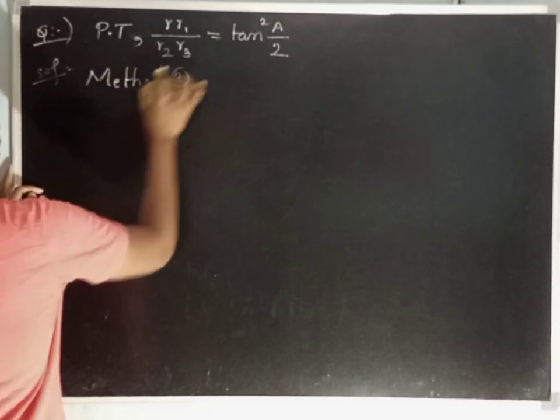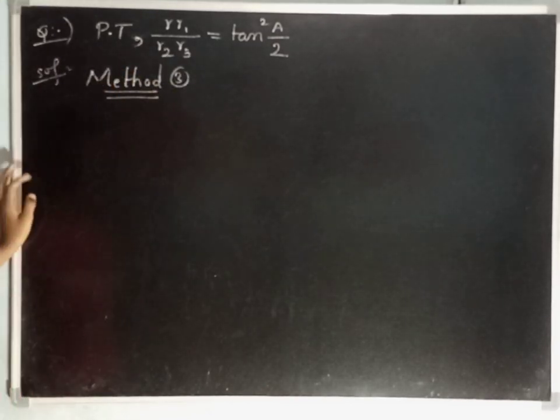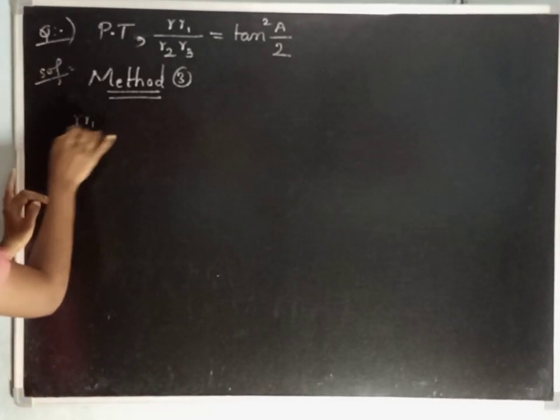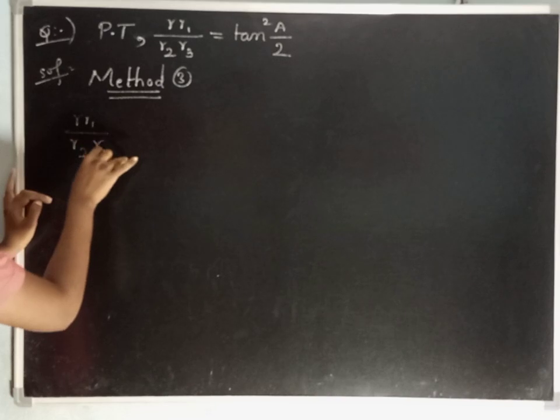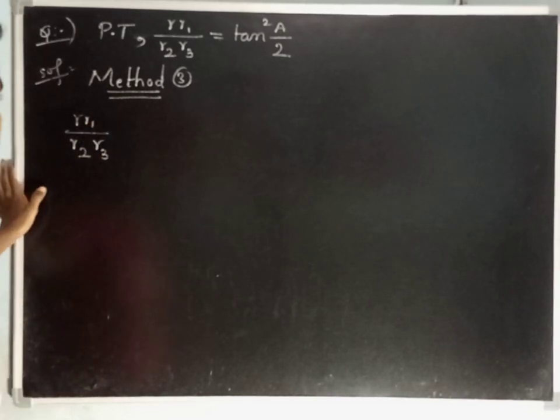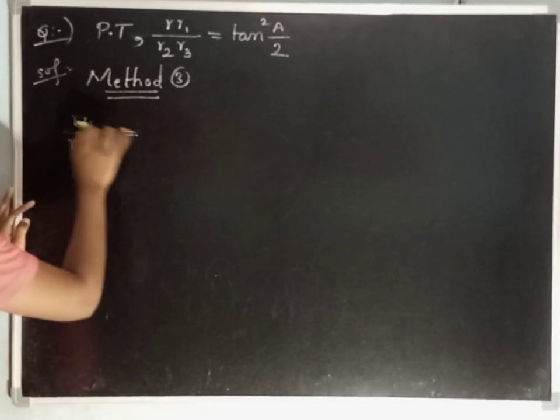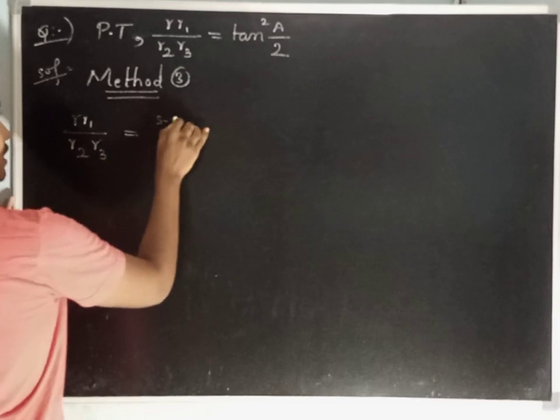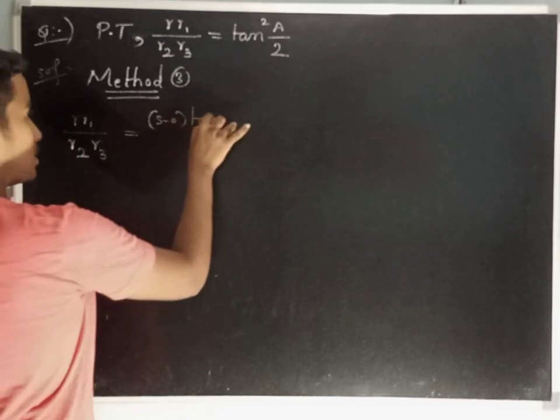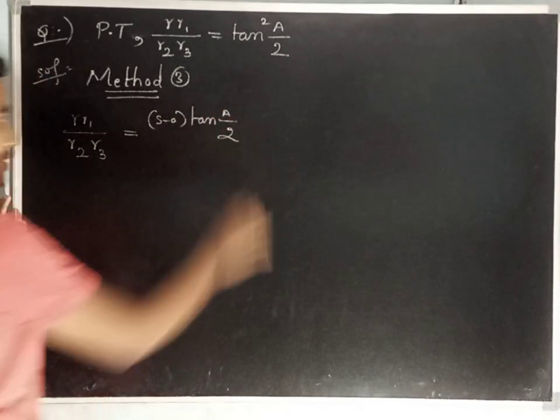Method 3. Here r by R1 by R2 R3. Let me write r as s minus a into tan A by 2.